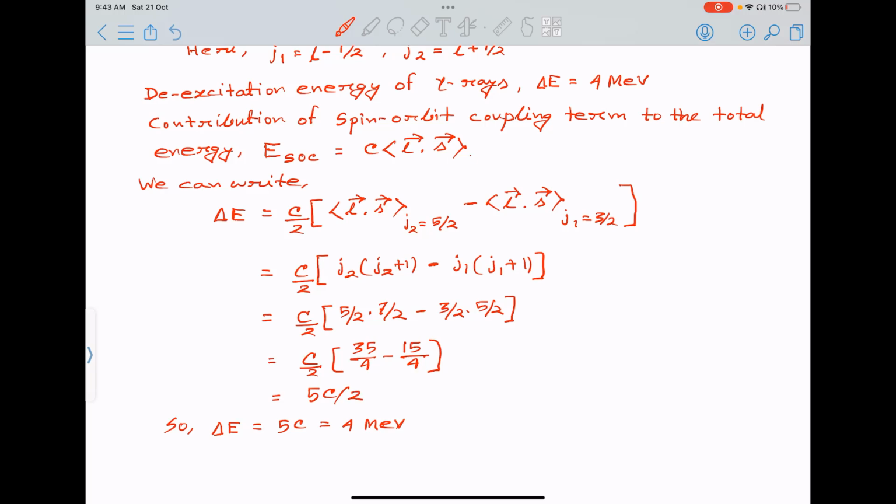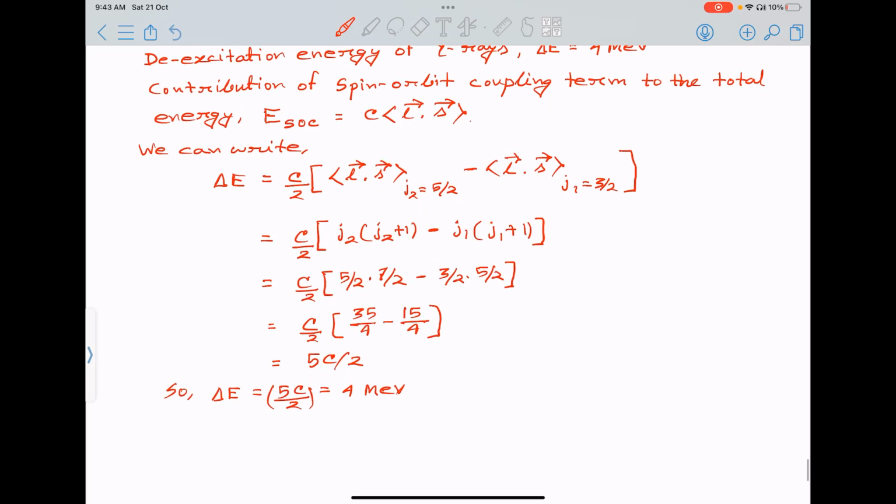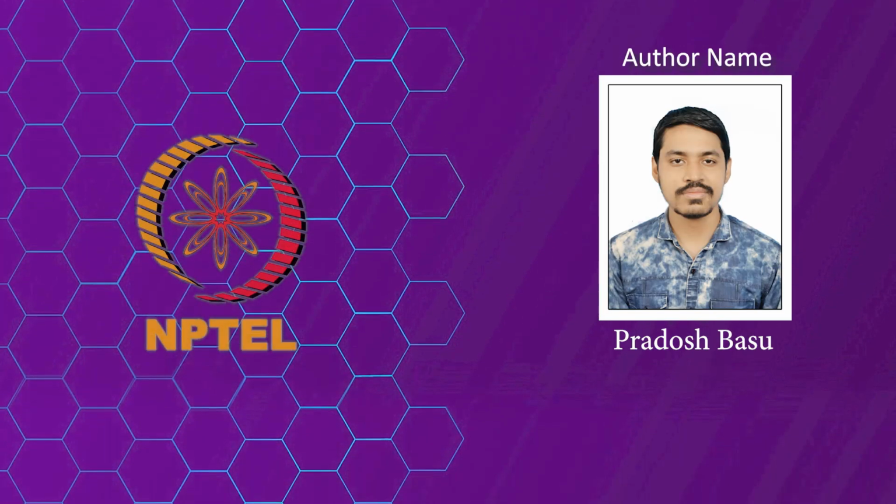So this is 5C by 2, and this will make the calculation delta E equals 5C by 2 equals 4 MeV. So this implies that C equals 8/5 MeV, which is 1.6 MeV. So the answer is 1.6. Thank you.